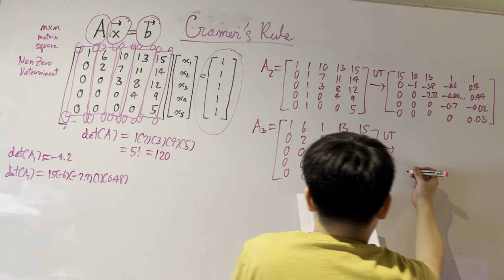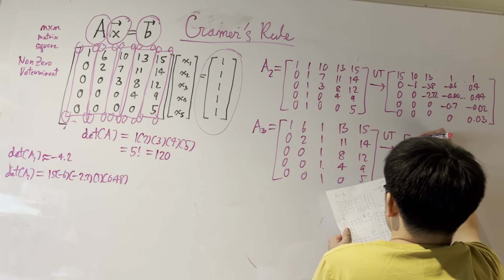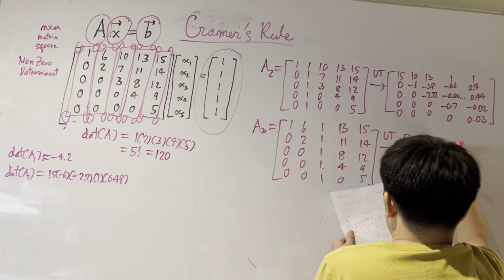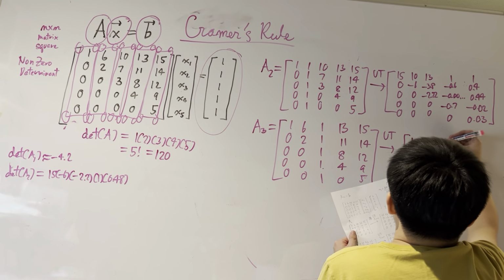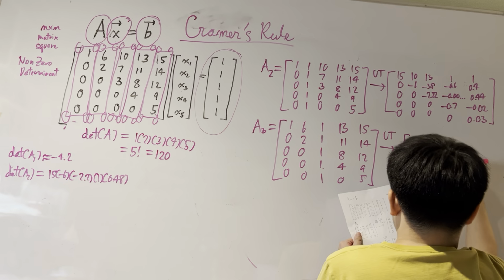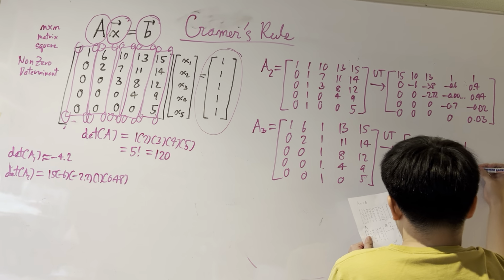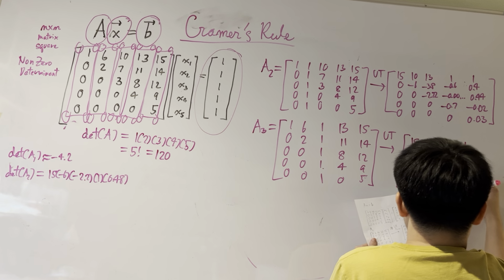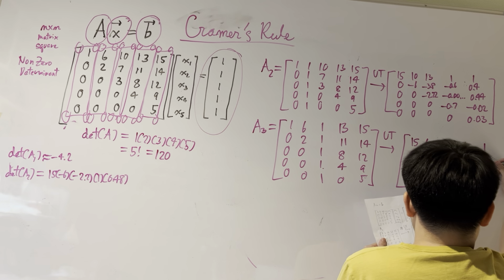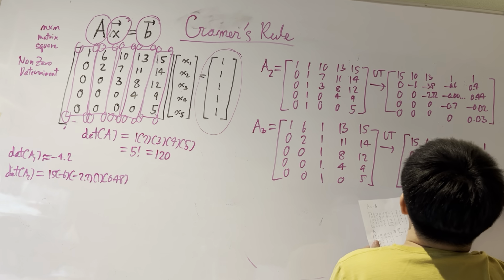Upper triangular, it becomes 15, 0, 0, 0, 0, 6, minus 4.8, 0, 0, 0, 13, negative 2.4, negative 3.3, 3, 0, 0, 1, negative 0.8, 0, negative 0.33, 0, 1, 0.2, 0.58, 0.03, negative 0.1, 0.